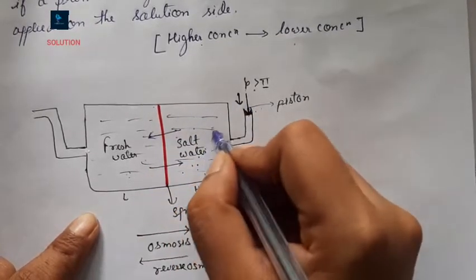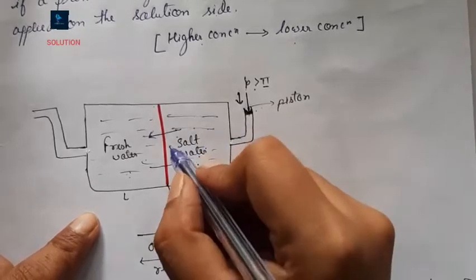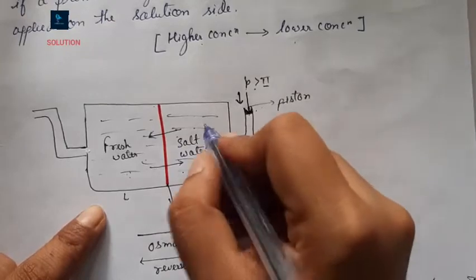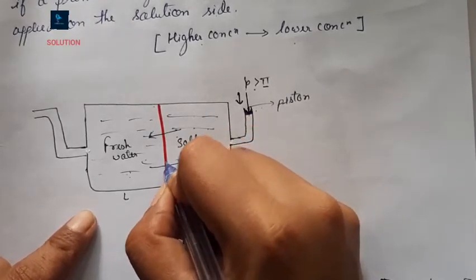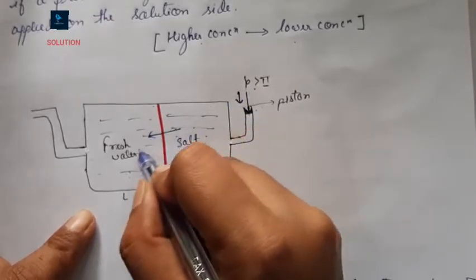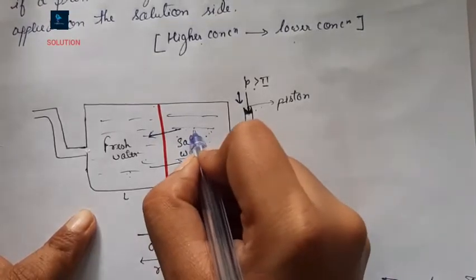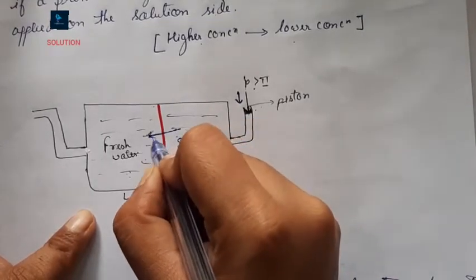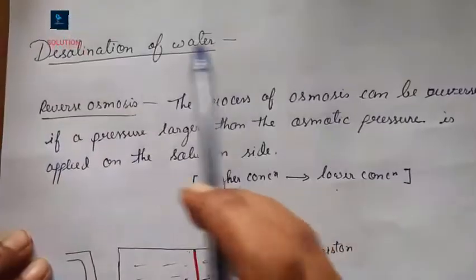In salt water, NaCl molecules are present, but these molecules are very big in size compared to the semi-permeable membrane's pores, so they cannot move to this side. So we get the fresh water on this side, the solute stays on this side. This is known as the desalination of water.